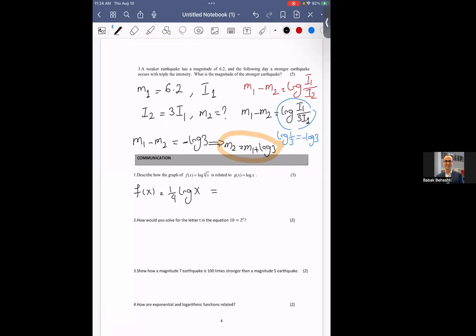So that means f of x is just 1/4 times g of x, where g of x is log x.